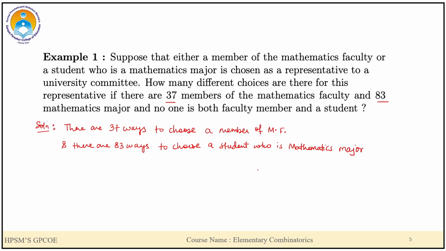And choosing a member of the mathematics faculty is never the same as choosing a student who is a mathematics major, because no one is both a faculty member and a student.